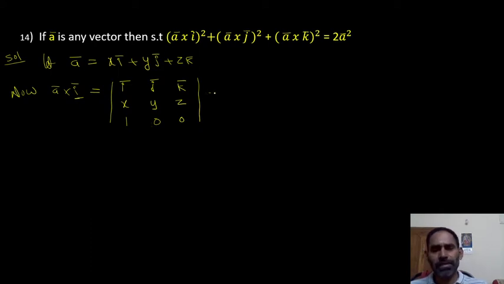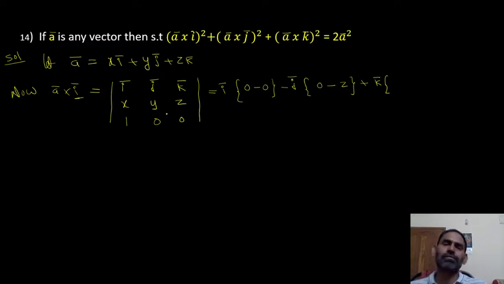Therefore, by expanding this determinant, I bar into deleting first row, first column, AD minus BC, 0 minus 0, minus J bar into delete first row, second column, AD minus BC, x into 0, 0, minus Z into 1, Z, plus K bar into delete first row, third column.